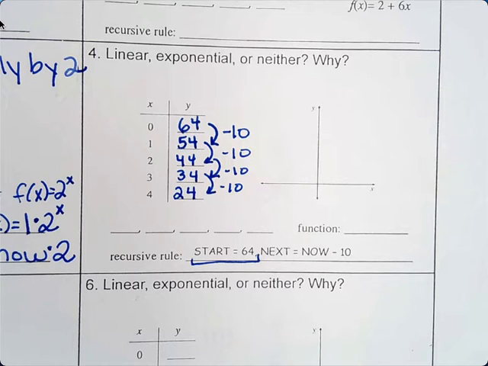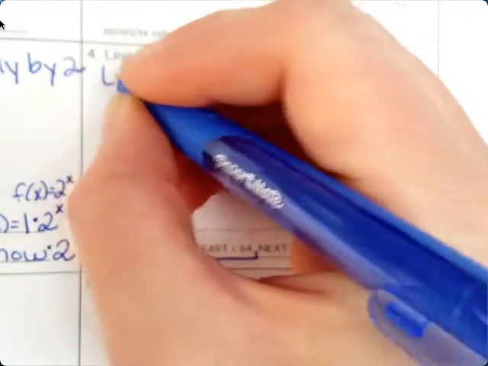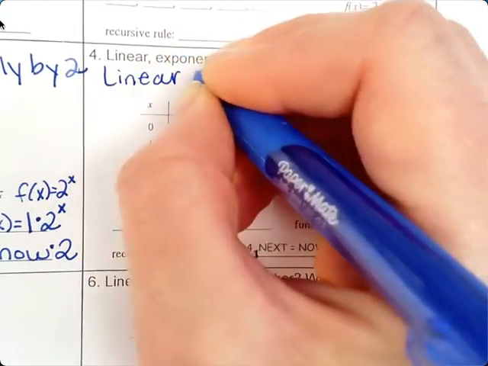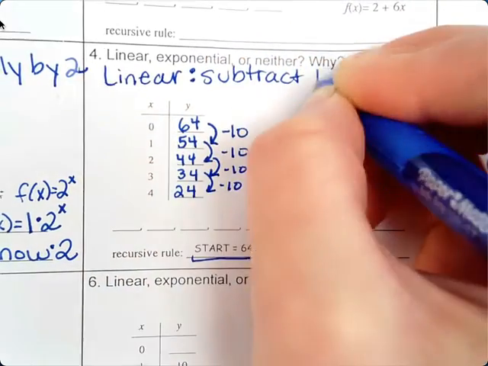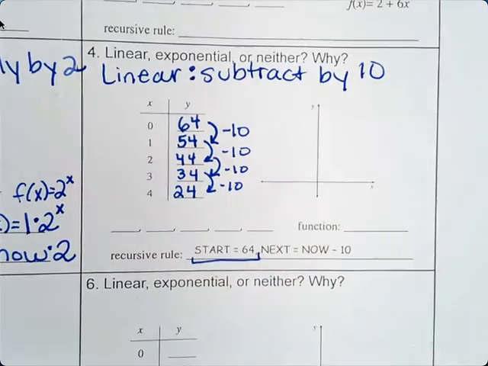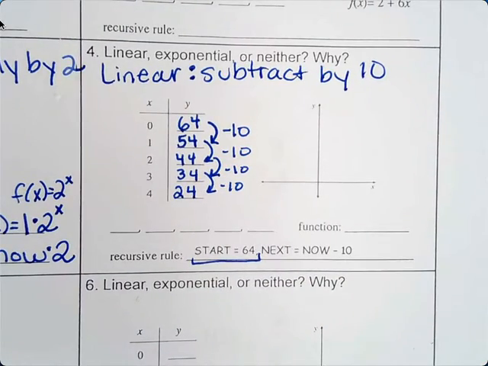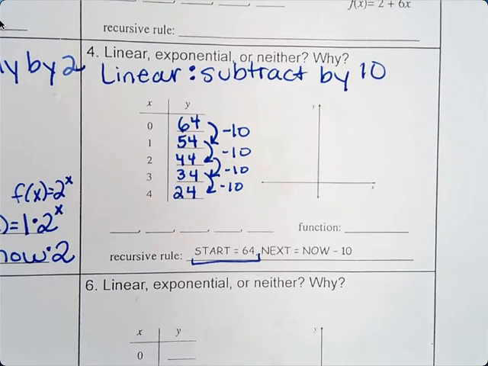So what kind of function is this? Okay, why is it linear? Subtract by 10. So add or subtract is linear, multiply is exponential.